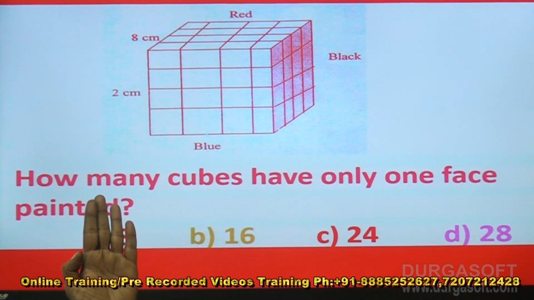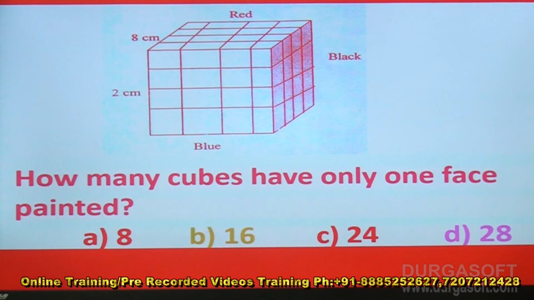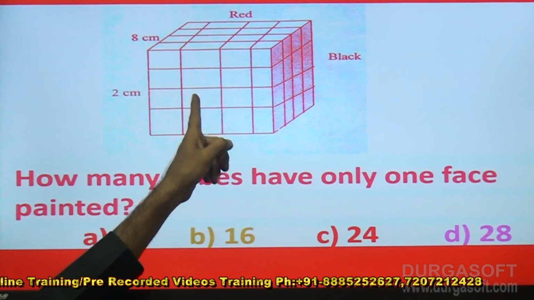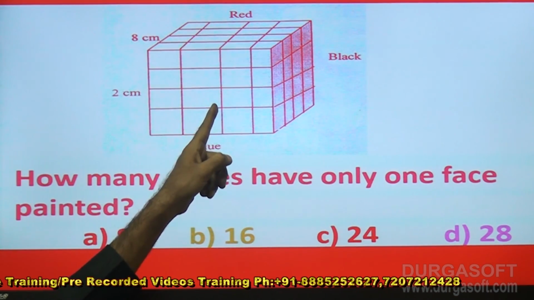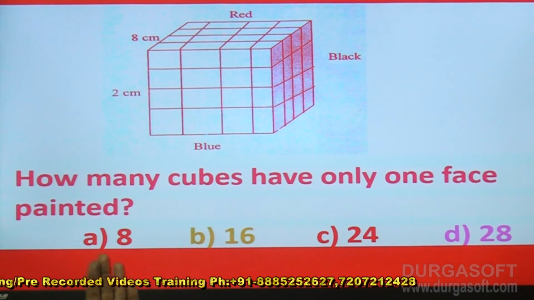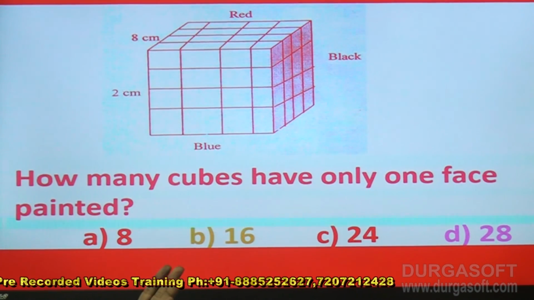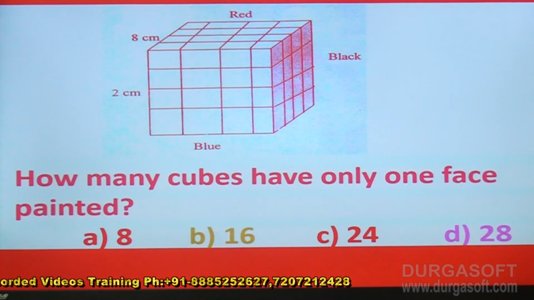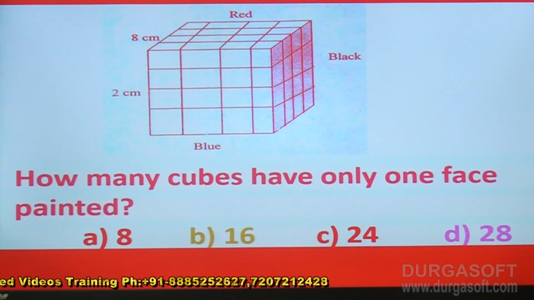The cube has how many faces in total? The cube has 6 faces in all. In one face, we find 4 cubes painted on one face. In one view, there are 4 cubes, and there are 6 views for a cube. So 6 4s are 24. So 24 is going to be your answer for only one face painted.